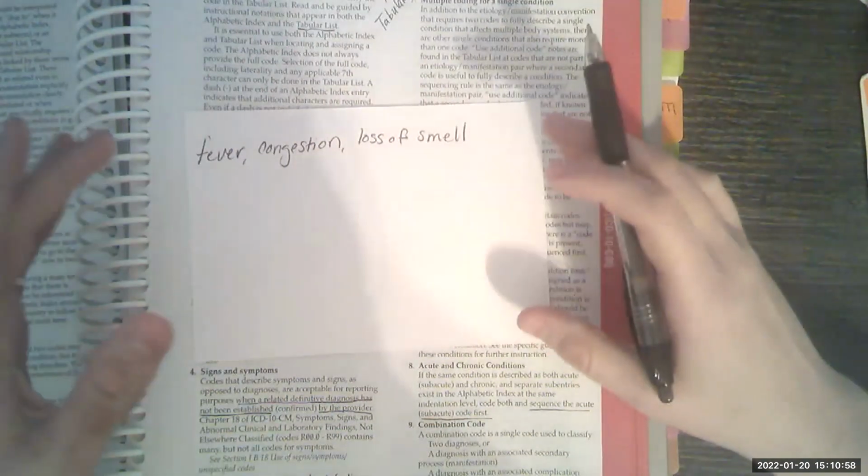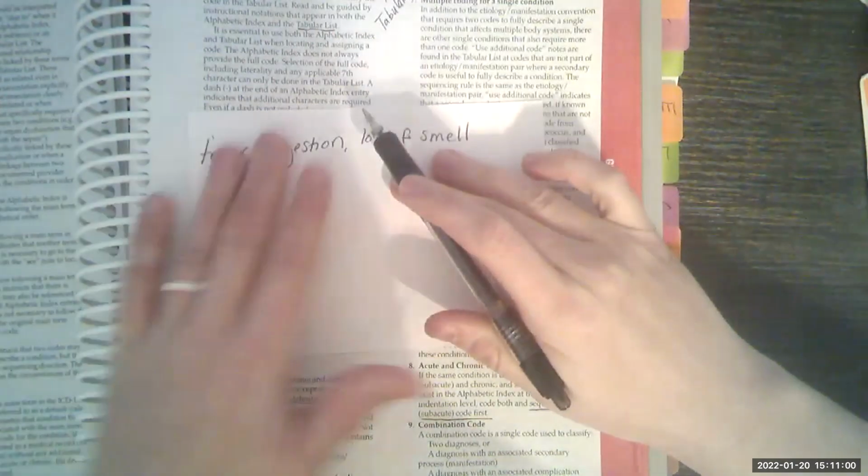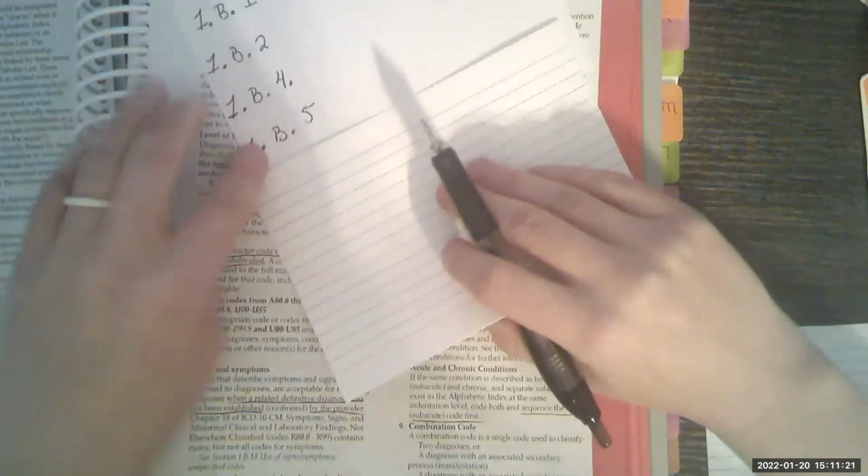That's what this is saying. So when we do not have a definitive diagnosis, we can go ahead and code these things, okay? So we put a code for fever, a code for congestion, a code for loss of smell, all right? So that is what this section is telling us. If we don't have a definitive diagnosis, but we have symptoms, we can go ahead and code those symptoms, all right? So let's look at the next one. So we have 1B5. So remember, we're already in section 1.